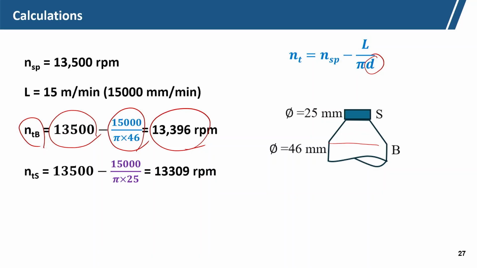Similarly, at the tip position, the RPM of the traveler is 13,309. So, it is losing its twist by this much: 15,000 by pi multiplied by 25, this much revolution it is losing with reference to the spindle speed.